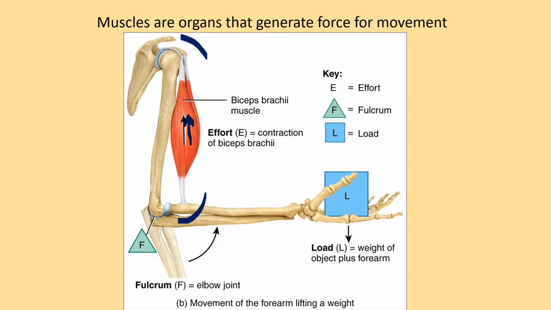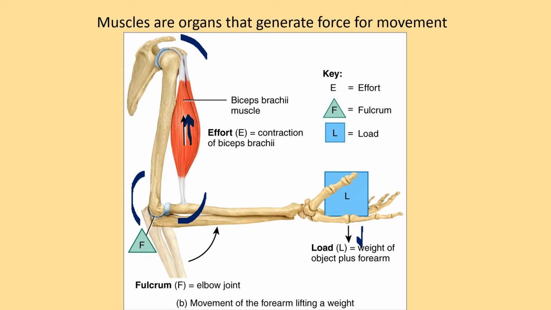So we're looking at an entire organ, the biceps brachii, and I've just explained to you that it's attached to two different bones. It's attached to your scapula and it's attached to your radius. And there is a hinge here in your skeletal system. Your elbow joint here acts as a pivot point or a fulcrum. And when that skeletal muscle contracts and pulls up on the radius, that contraction occurs in the opposite direction of a load.